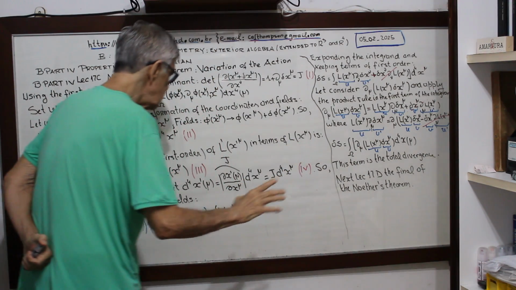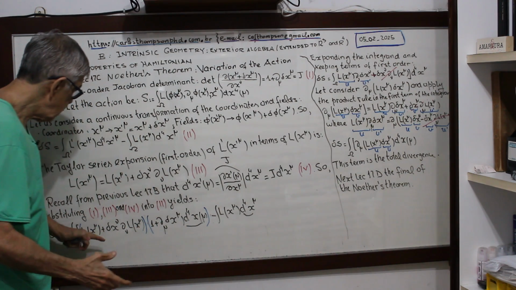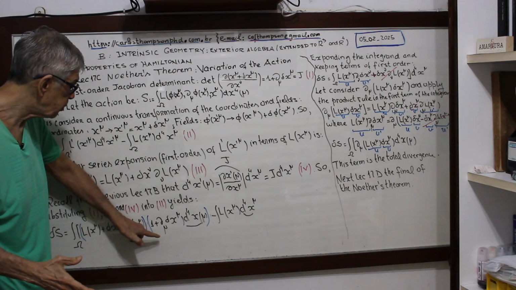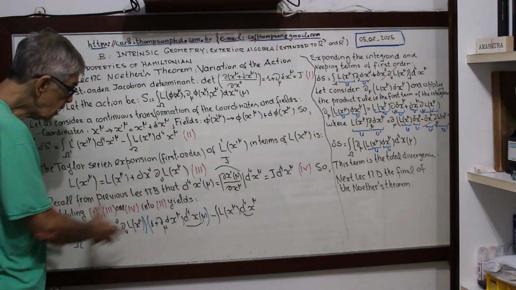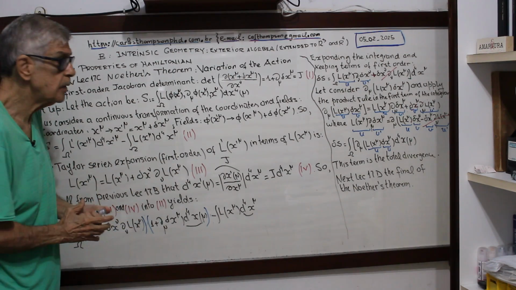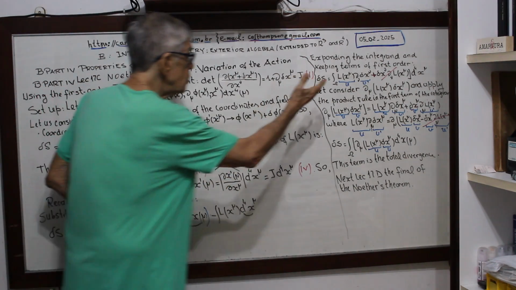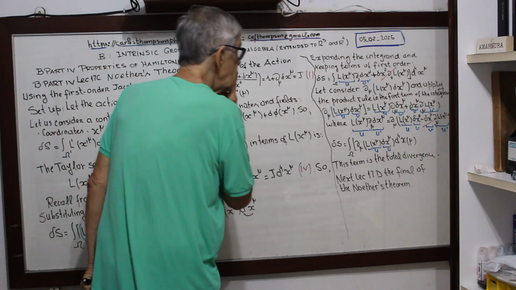Well, it's quite easy. This is like A plus B multiplied by C plus D. You just multiply and keep only the first order, and this leads to this relation over here.